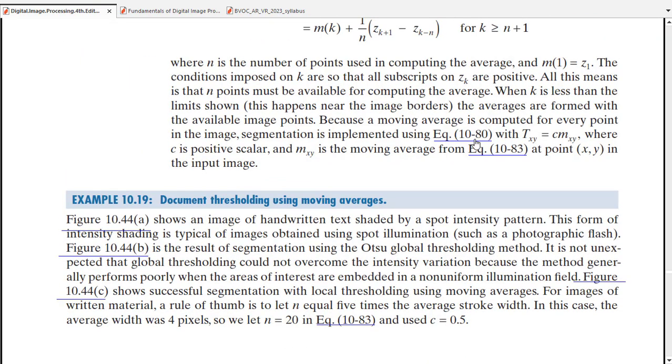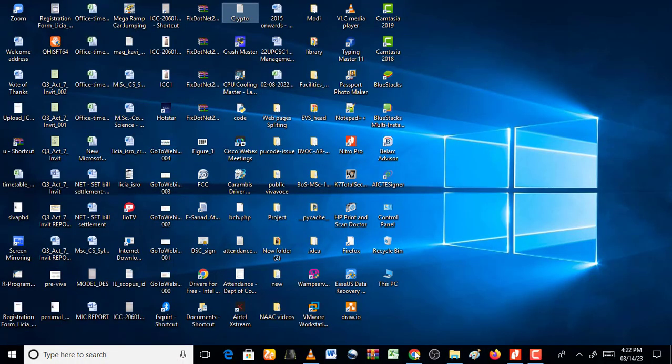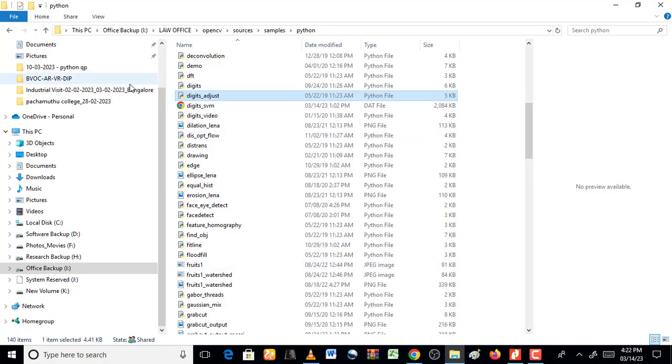We already studied these digits and methods in our practical exercise. For example, in your edge detection role, I have done this program here from OpenCV.